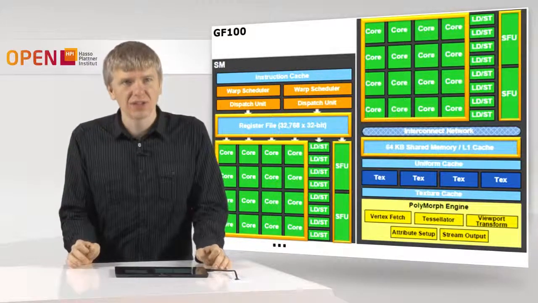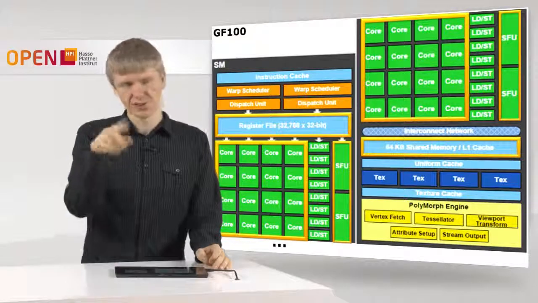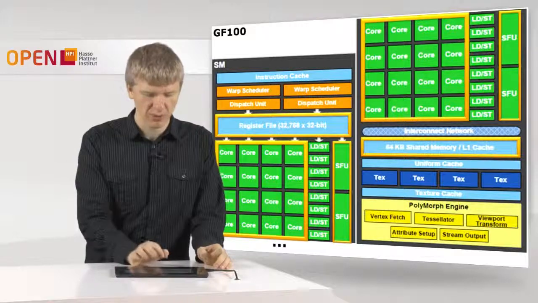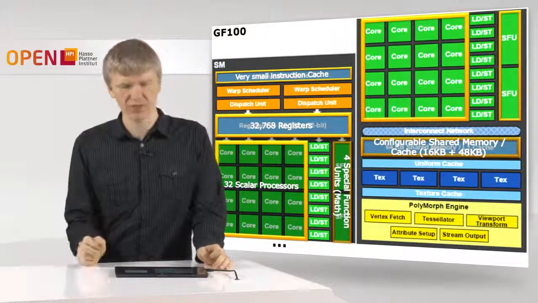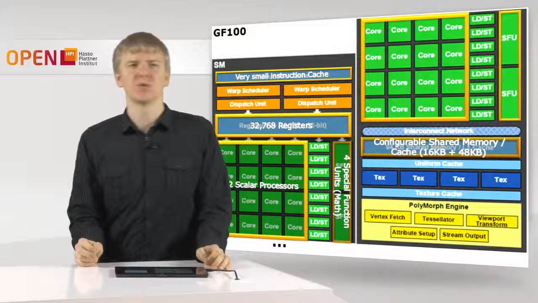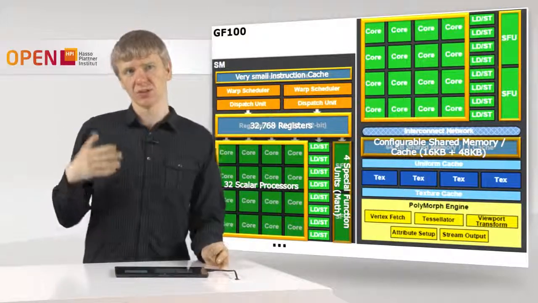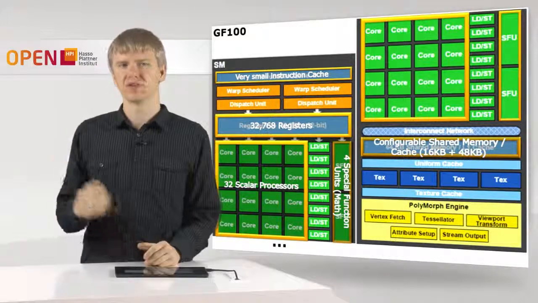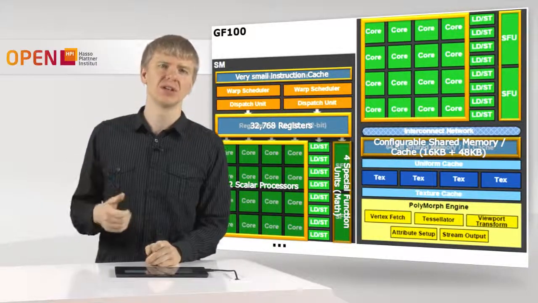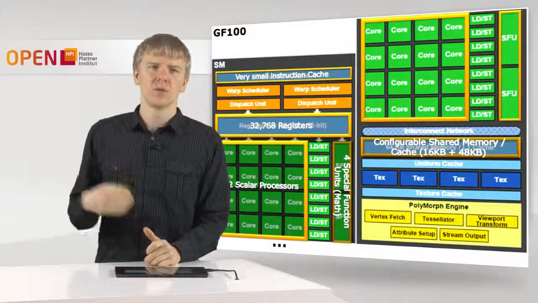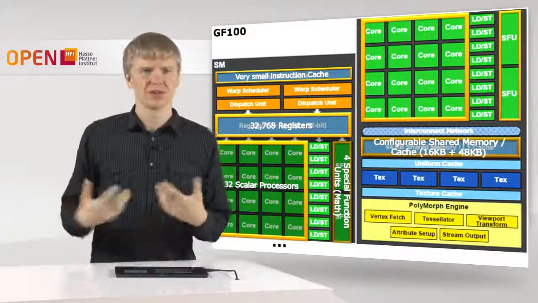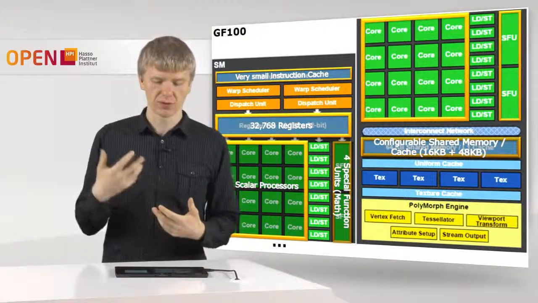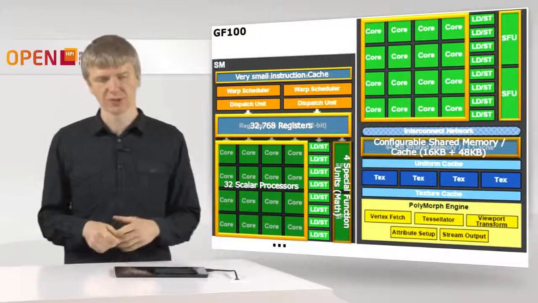Okay, and here we see that in addition to all those cores, we have a big register file, and we have some cache, and we also have a very small instruction cache. And we need so many registers because we need to store all those threads. We have a very small cache because we have memory latency hiding, and we don't rely so much on caching, but we have one cache for computational purposes because for some algorithms this is pretty cool.